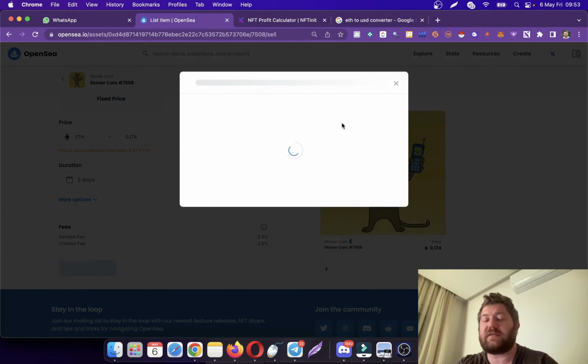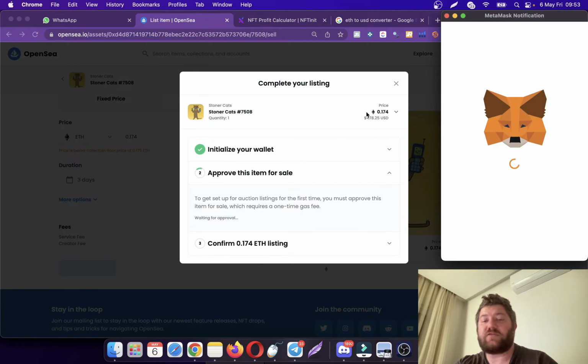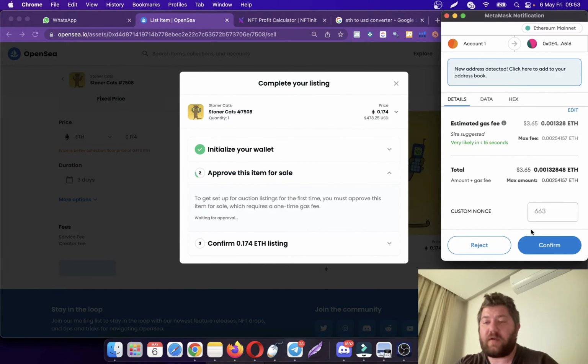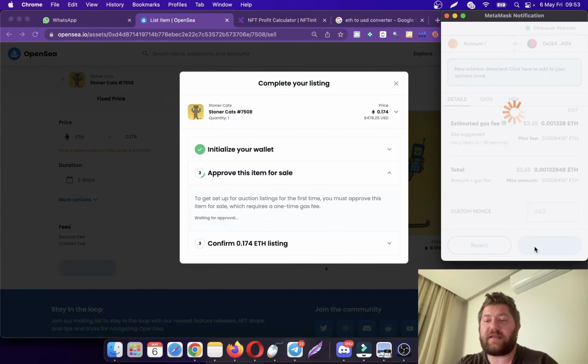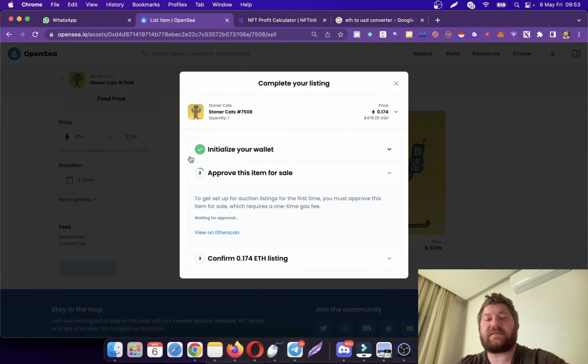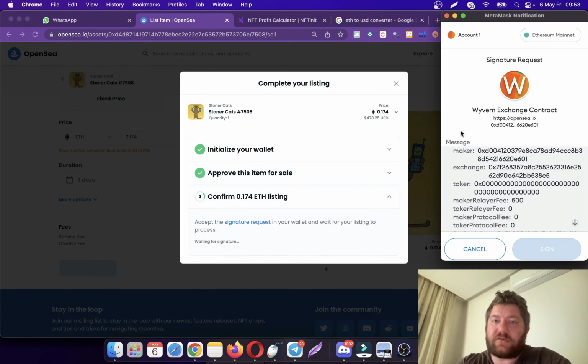Going to complete the listing. It is going to ask me to approve selling the NFT. By the way, this small fee we pay for listing an NFT is only paid once per collection. So if I were to get another NFT from this collection, with bits or whatever, and I want to list it, then there is no fee.